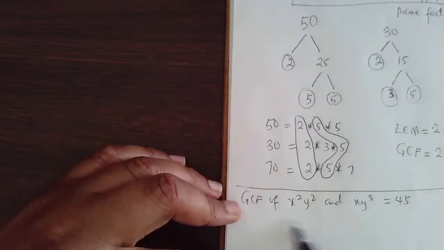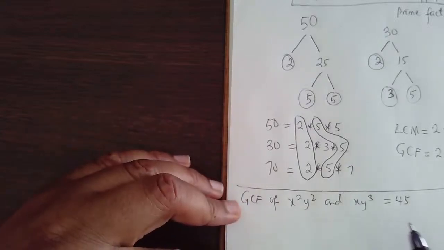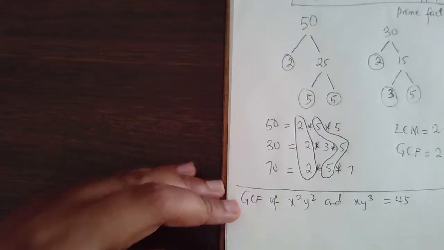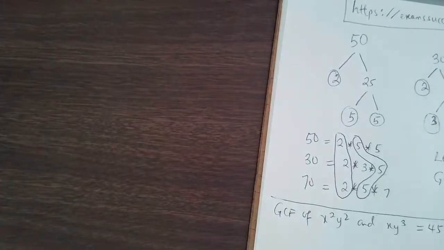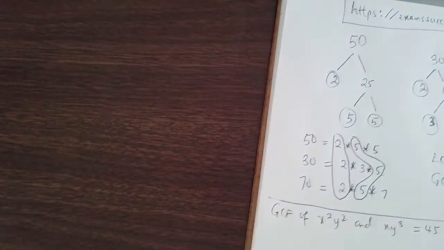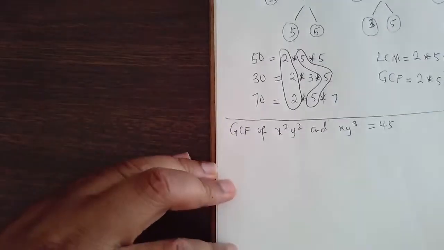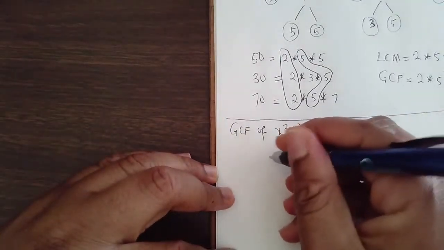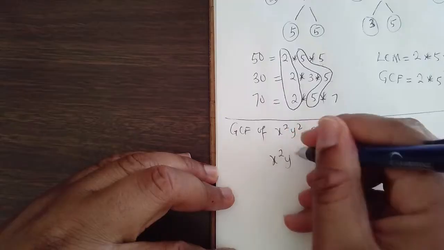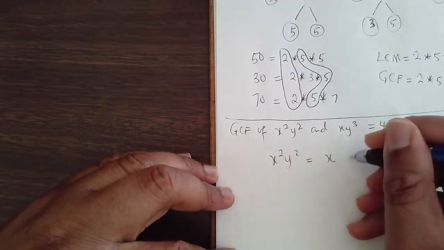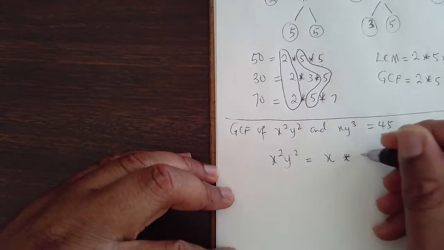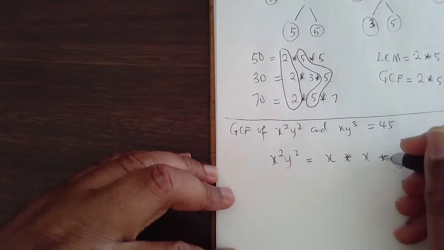So first of all, let's find the GCF of this. That's the first thing we should do. We have x squared, y squared, which is x times y times y.